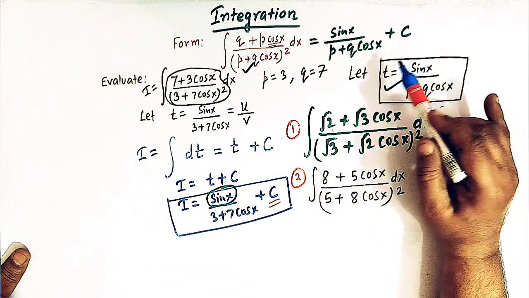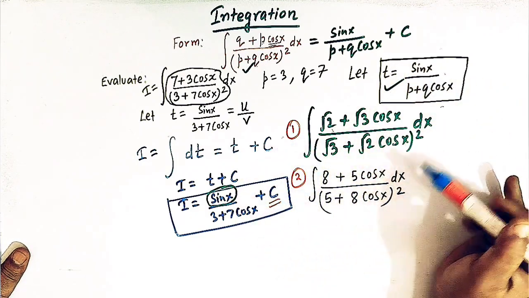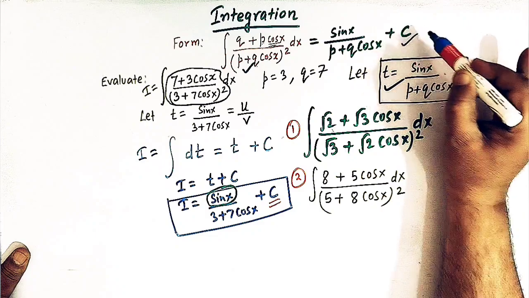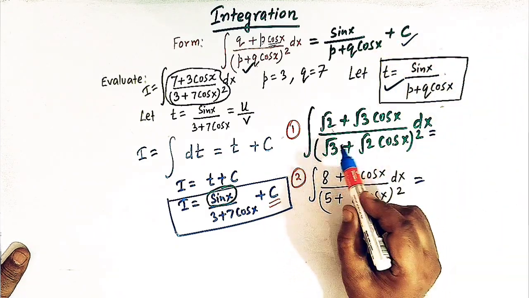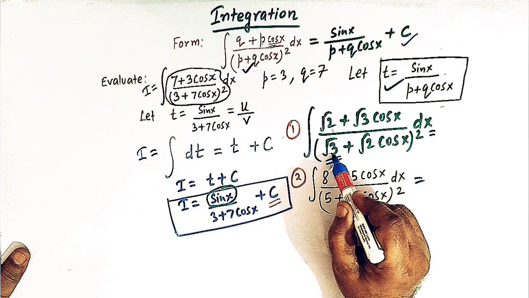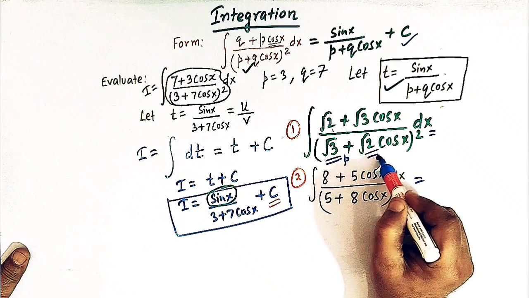So from this discussion, we can now easily write down the values of these two integrals directly with the help of this result, right? So in the first case, the value of p is square root of 3 and the value of q is square root of 2.